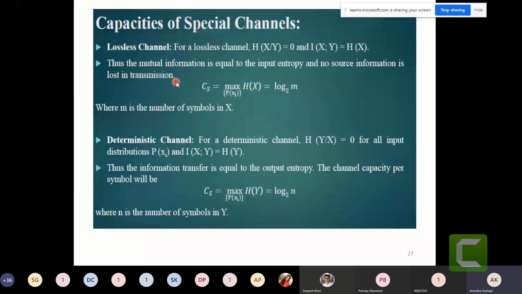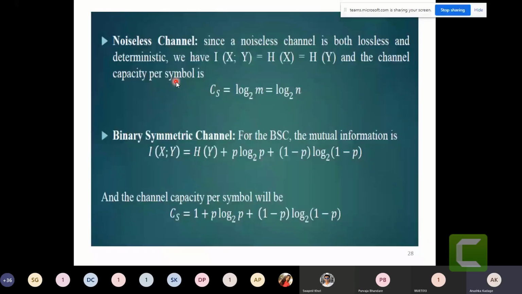The next case is the noiseless channel. In the noiseless channel, we have both lossless and deterministic behavior. That means any transmitted symbol can be seen as a received symbol, or any received symbol can be traced to a transmitted symbol.